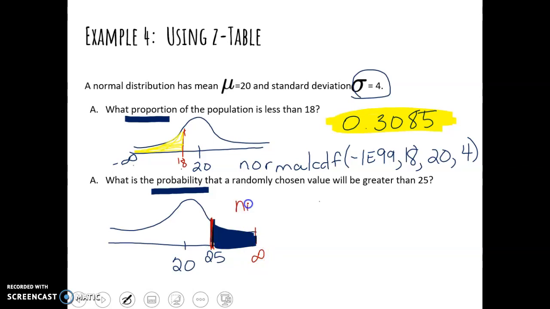So we're going to do normal CDF. The left boundary is 25. The right boundary is positive infinity. Mean is 20. Standard deviation is 4.